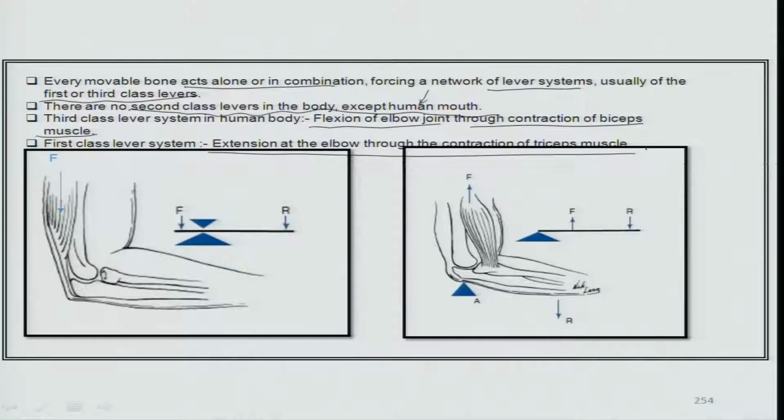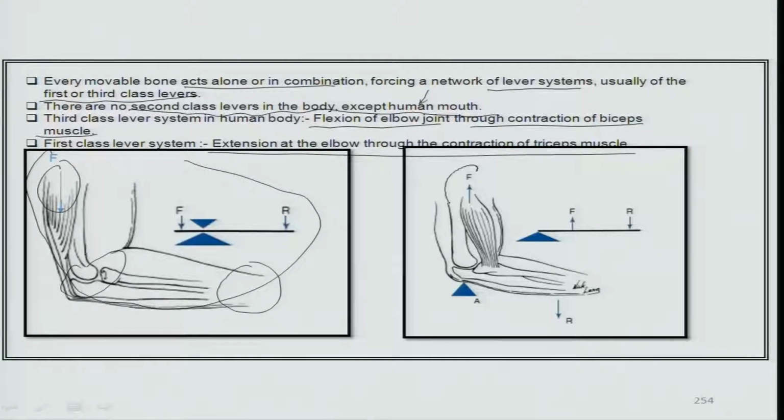So, these are some basic ideas of how you can either flex or extend the muscular system, creating different positions of the fulcrum point with respect to the force and the resistance. You can see the force here is in this direction, this is the fulcrum point, this is the resistive point.